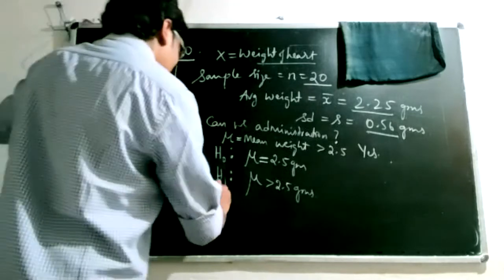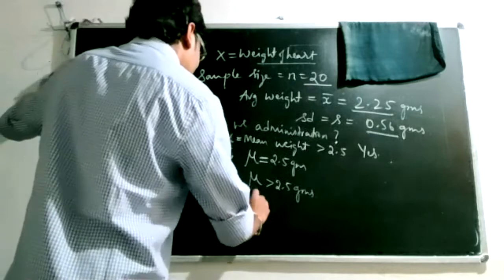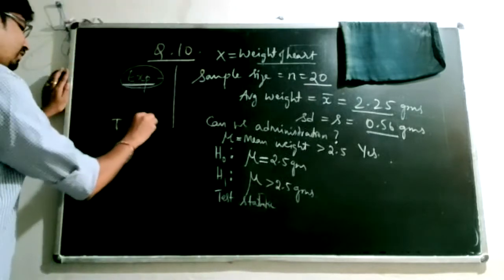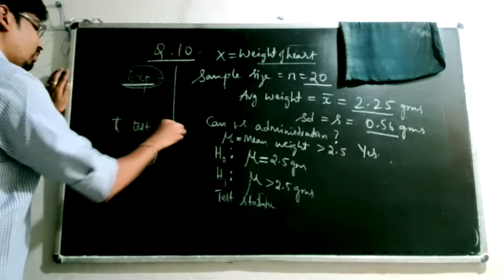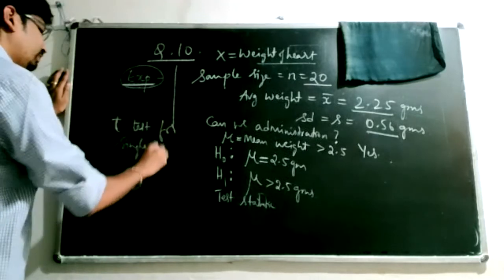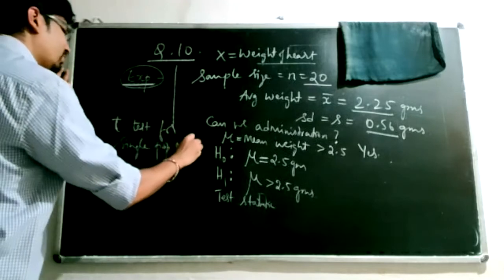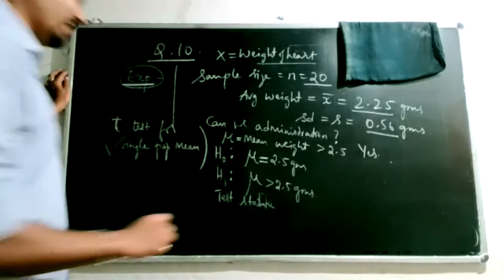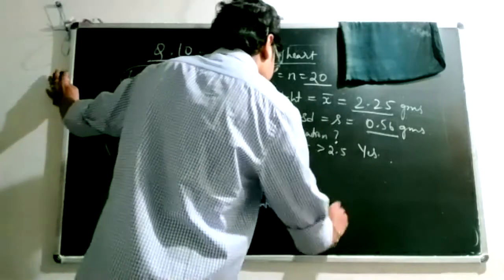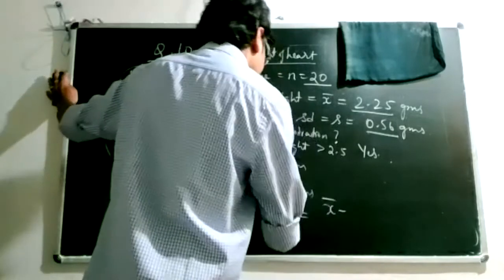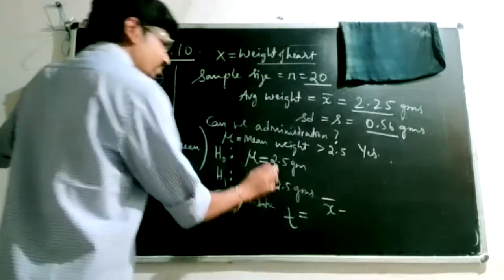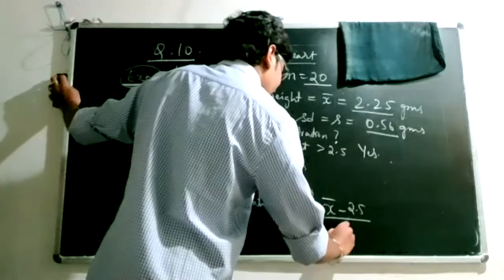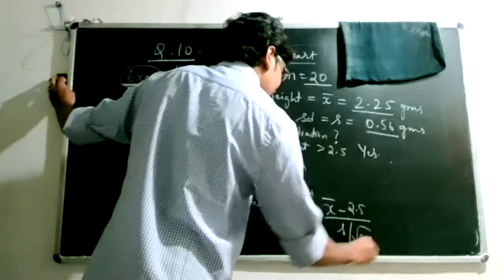And the t-test formula for this particular test. Here we are applying t-test for a single population mean. This is the suitable test. Why single? Because they have given just one set of mean and standard deviation. Test statistic is t equals x bar minus mu naught, by s by root n minus 1.